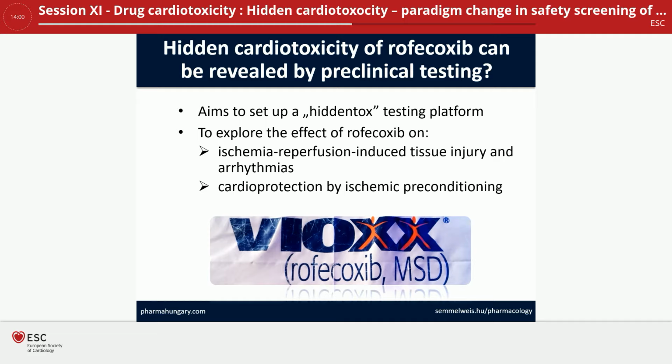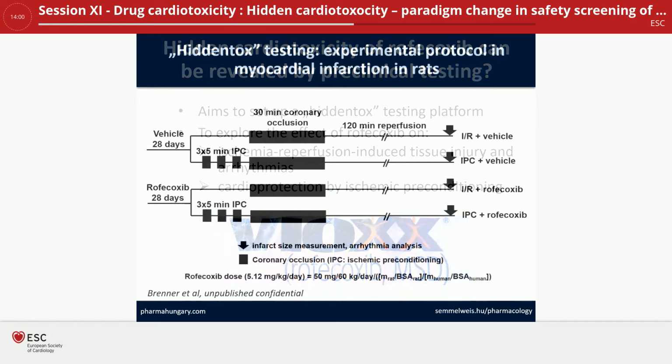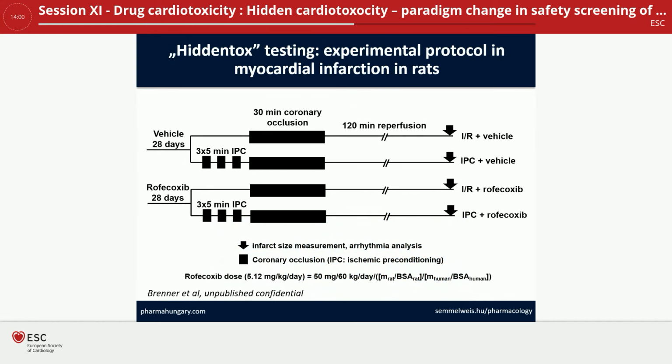And the reason why we used preconditioning is because this is the conditioning type that works always in every lab, in every model, while post-conditioning and remote conditioning is not that easy. So this was a very easy experimental setup.